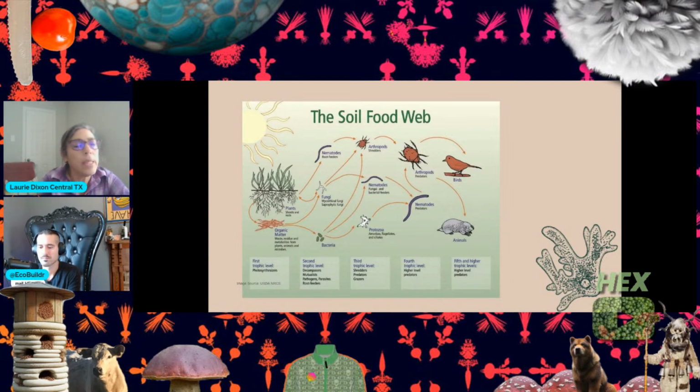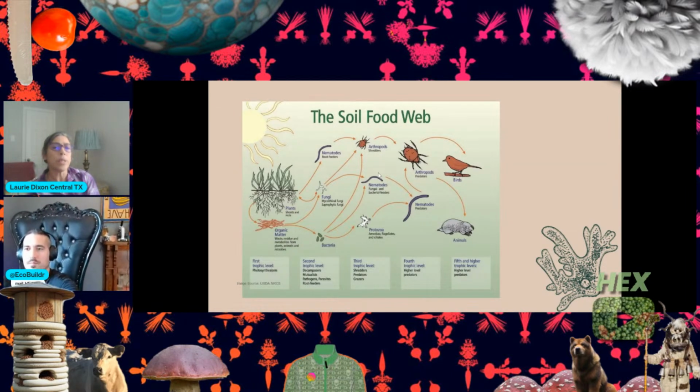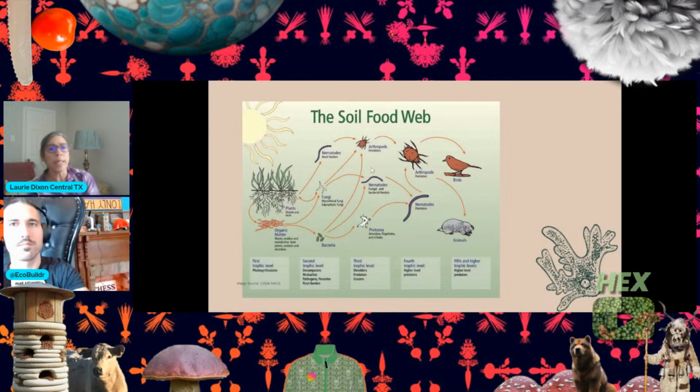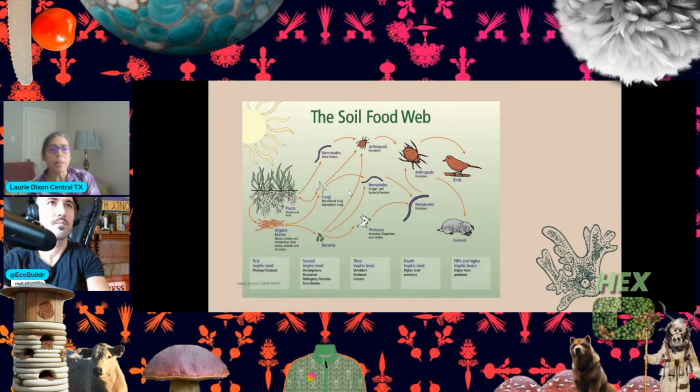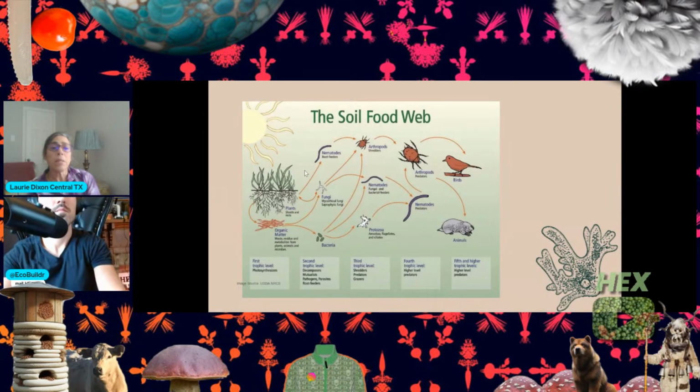Here I should give y'all a little background about the Soil Food Web School and Dr. Elaine Ingham. She's the one who really spearheaded the conversation about the soil food web. This diagram was published in a USDA publication, I believe in the 80s.